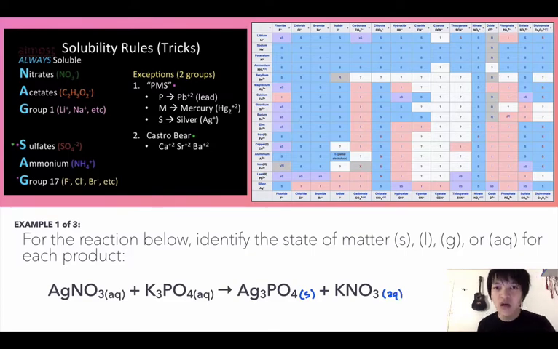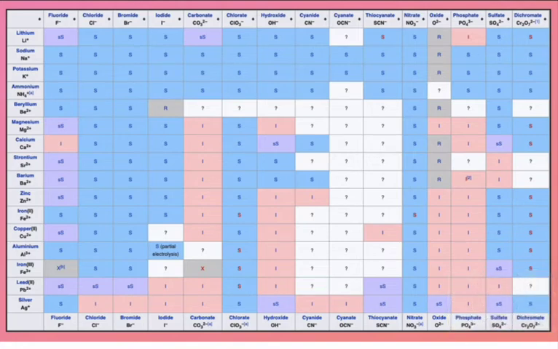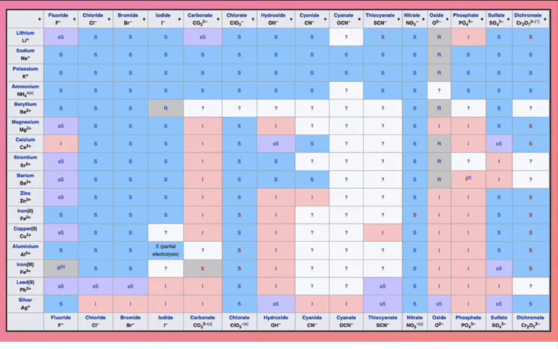If you were to use the solubility table on the top right, you would just match where you find the ionic compound. So for our first product, silver phosphate, it would be located right here, and you're going to notice that it says I for insoluble, meaning you're going to have a solid, which is what we said with the NAGSAG rule.